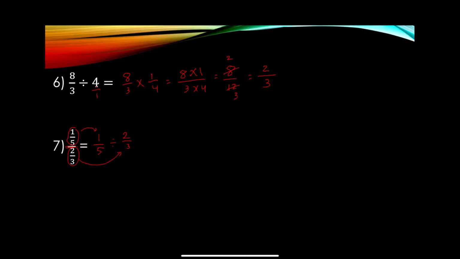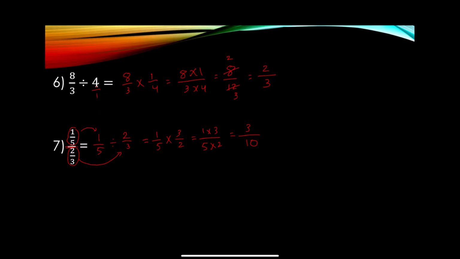Consider this one as a new question. 1 over 5 divided by 2 over 3 is the same as 1 over 5, flip 2 over 3 to be 3 over 2, and then do the multiplication. So it's 1 times 3 over 5 times 2. 1 times 3 is 3, and 5 times 2 is 10.